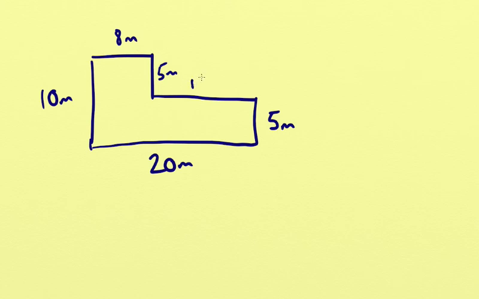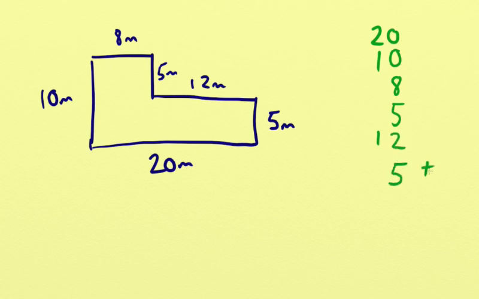So this bit is 12 meters long just there. So again, definition of perimeter is going to be the length all the way around the outside edge of the shape. So we're going to add up the length of all these parts around the outside edge. So let's say we had 20, 10, 8, 5, 12, and 5. That's all our measurements just there.